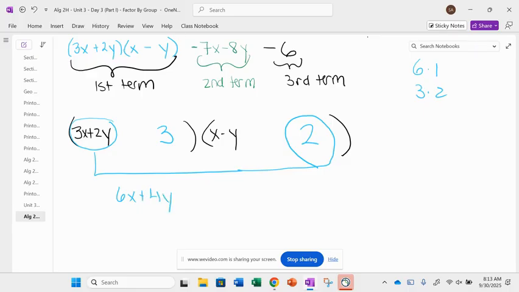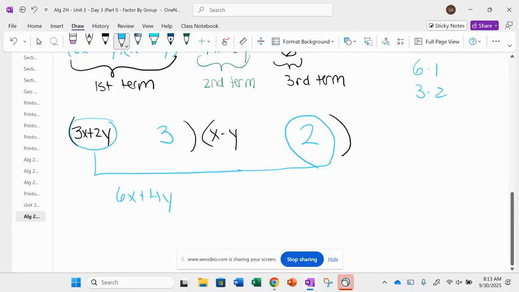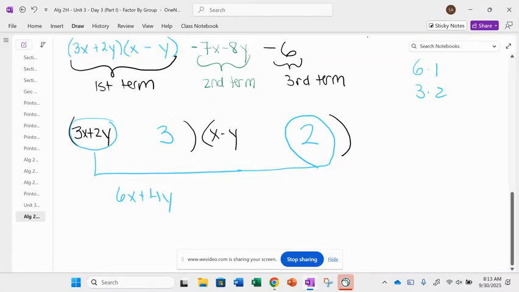I distributed in that too. And then the inners get multiplied together. So I'm going to multiply these two. And 3 times x minus y gives us a positive 3x and a negative 3y. Now, we need to make sure that this adds to negative 7x minus 8y. So we check.